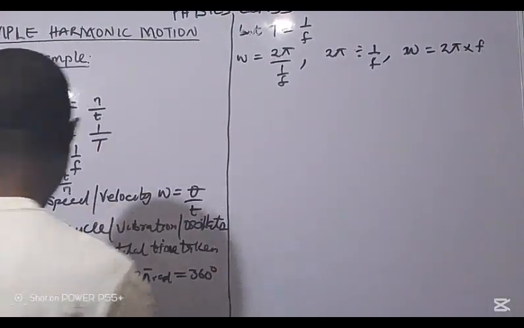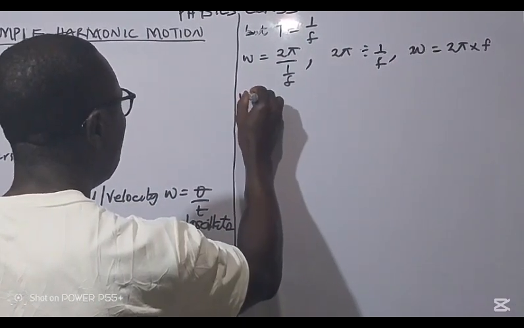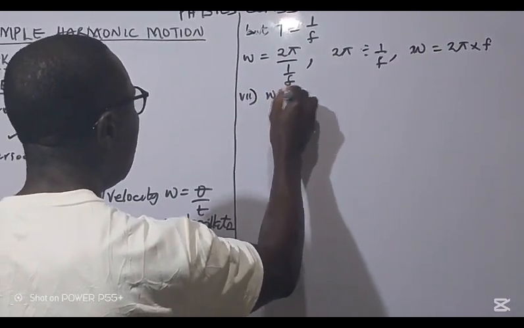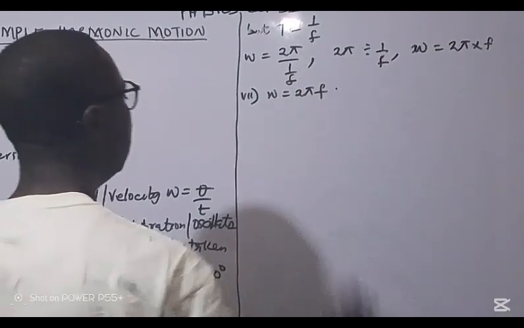So finally, we are going to have number 7 as omega is equal to 2 pi f.